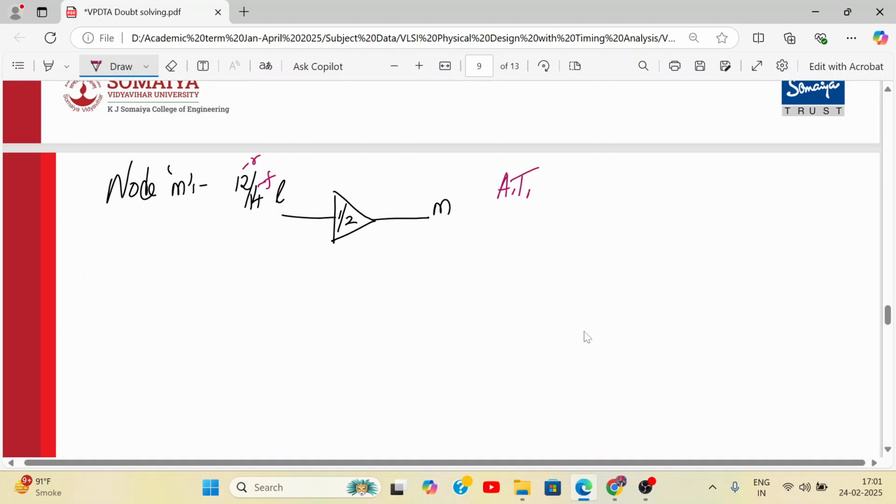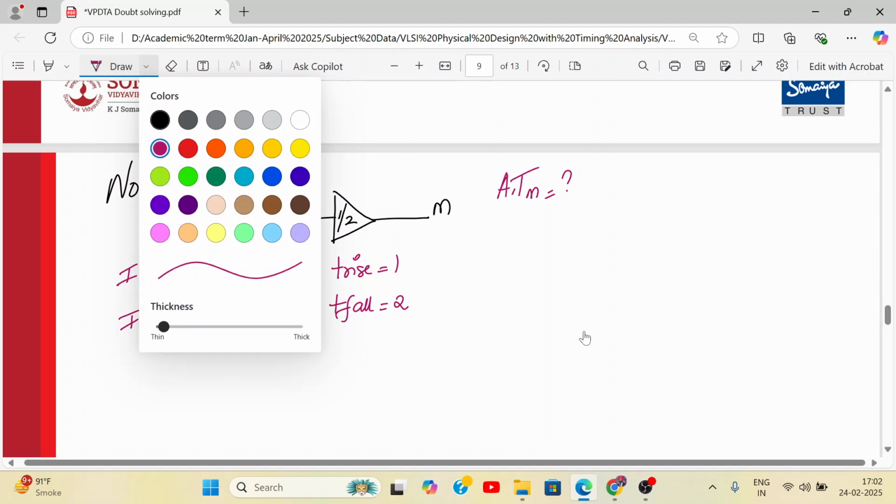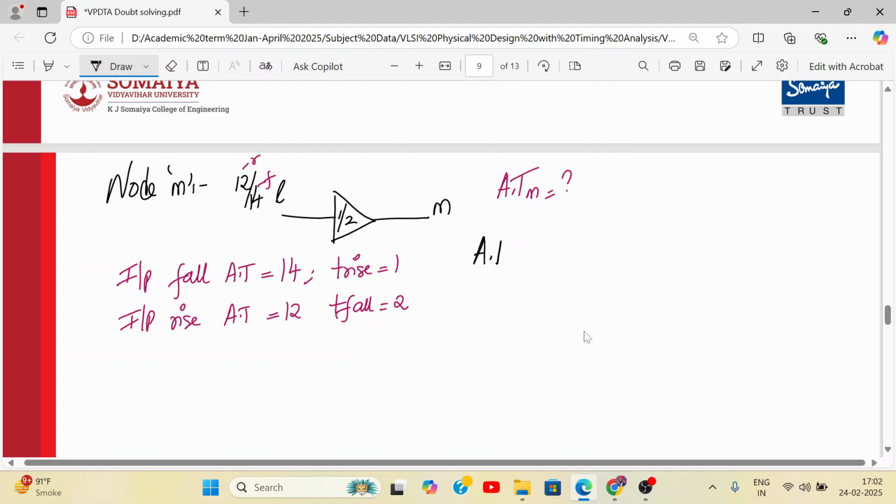So we need to calculate the arrival time at node M. How will you do that? So here it is: input fall arrival time is 14. Input rise arrival time is 12. Your T rise delay is 1. Fall delay is 2. And now we'll find the arrival time.